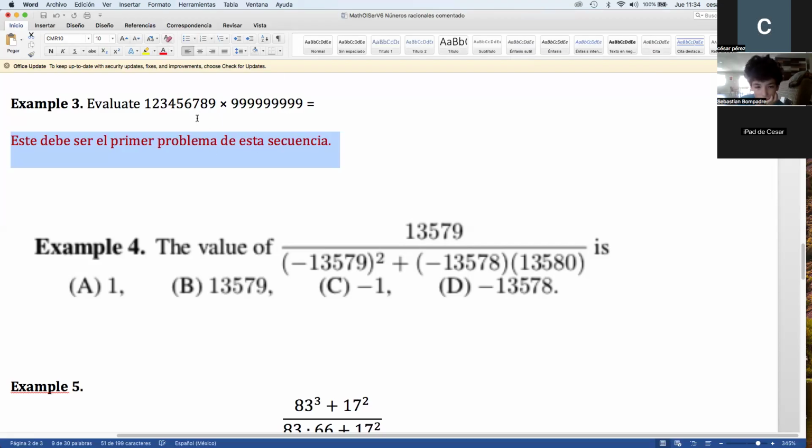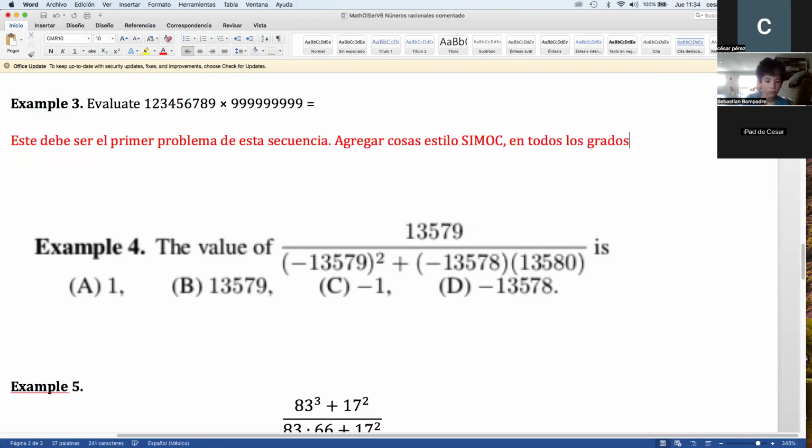I think that this is easier than any of them. Okay, you already have solved this? Okay. This is easier. This is very easy.